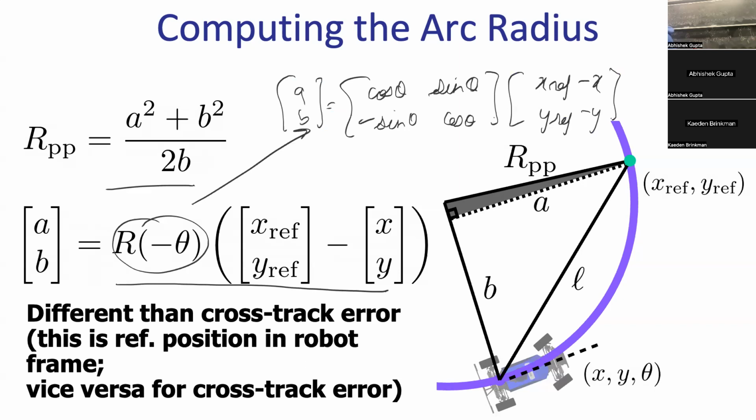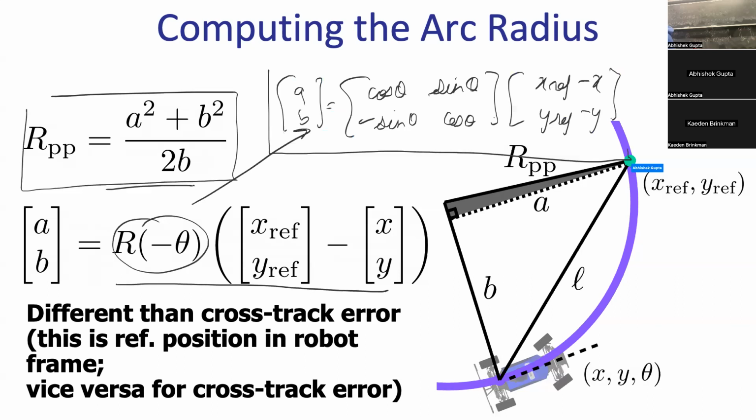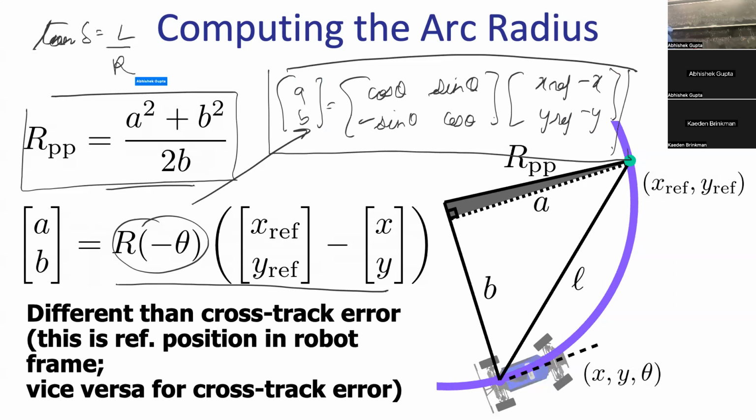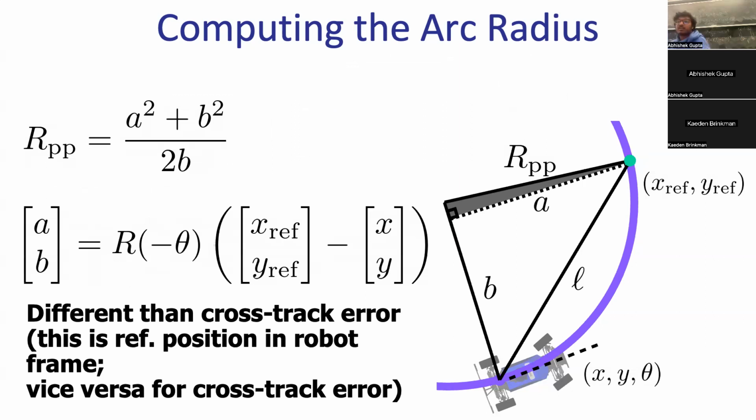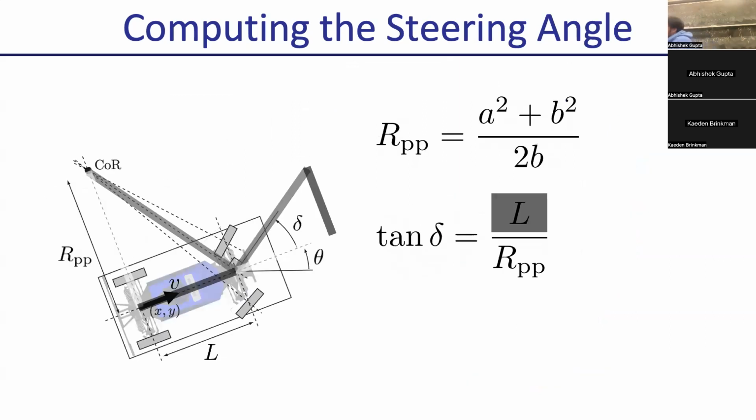If we put these pieces together, we have identity 1, which is saying this, identity 2, which is saying this, and identity 3, which is saying tangent delta is equal to L over RPP. If you have all of these pieces, you can plug them together to get your pure pursuit control. So let's go away from my crappy handwriting to the whole controller. We have tangent delta equal to L over RPP.